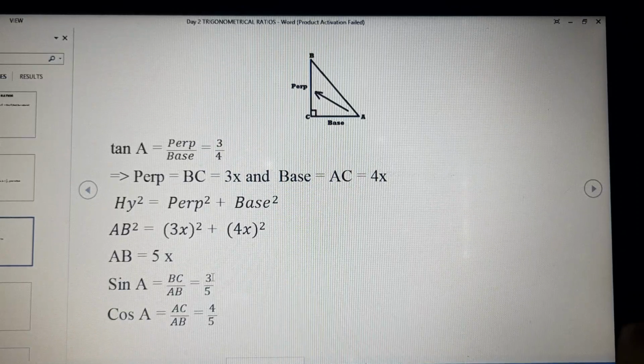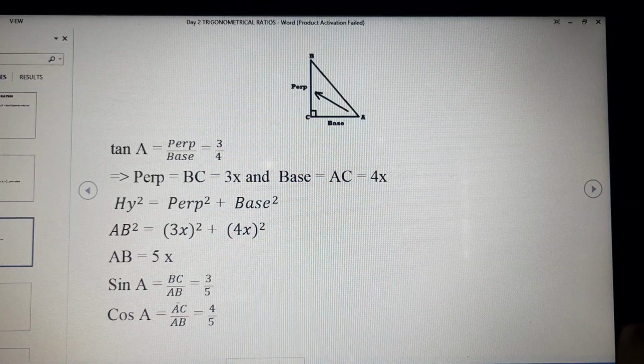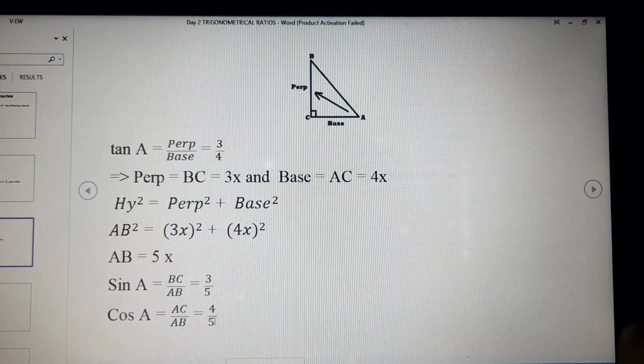So BC is 3x upon 5x, x and x are cancelled, becomes 3 upon 5. Cos A definition is base upon hypotenuse. According to angle A, base is AC and hypotenuse is AB. So AC is 4x, AB is 5x, x and x are cancelled, 4 upon 5.